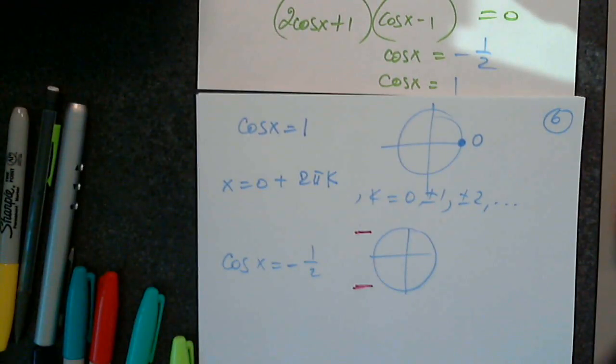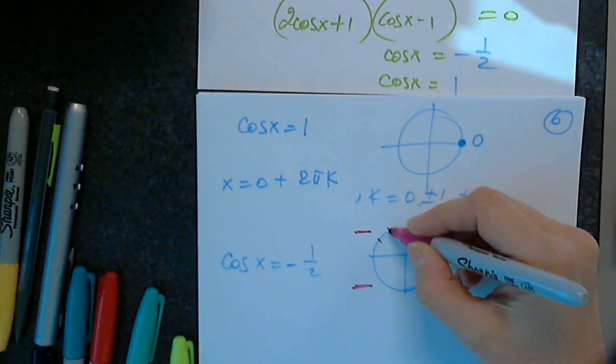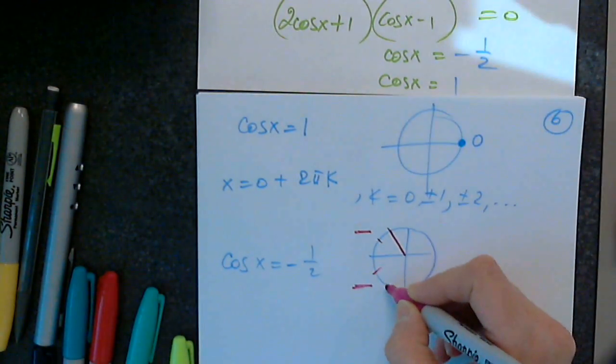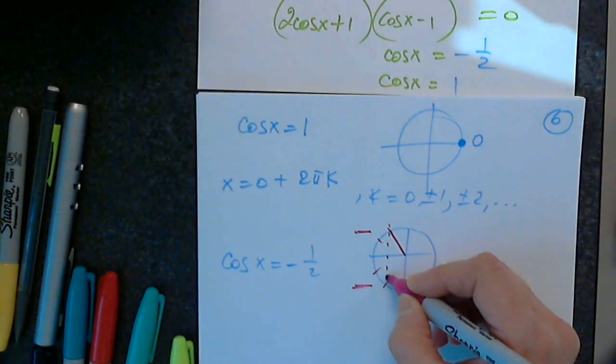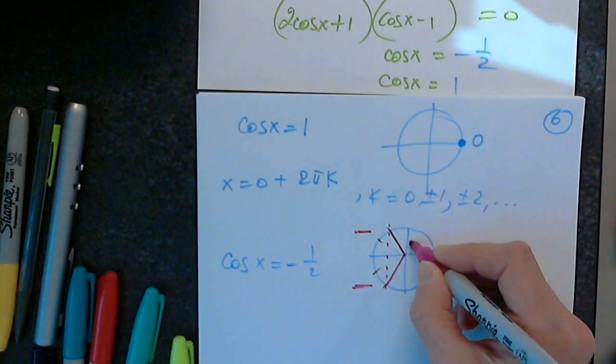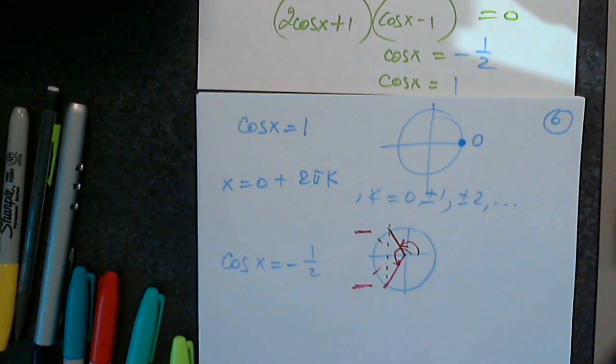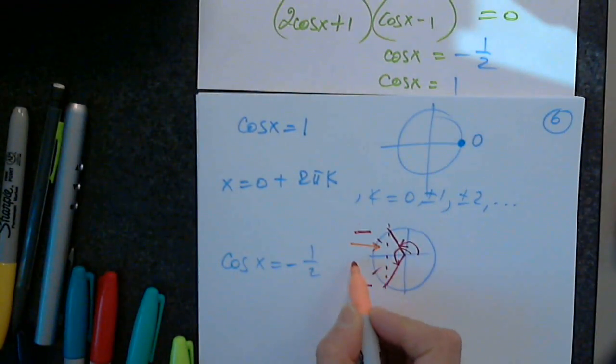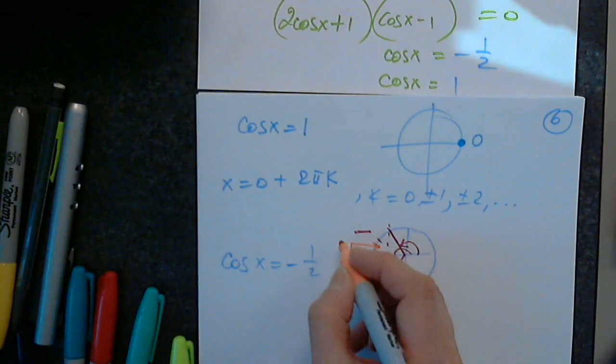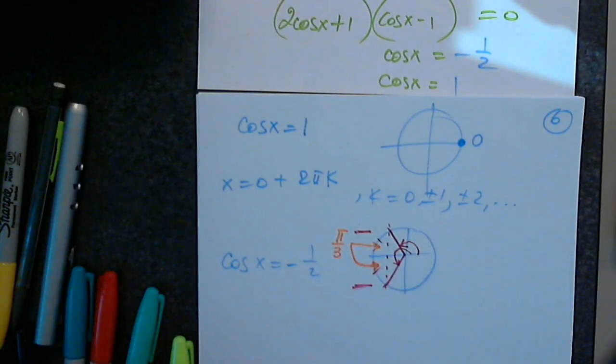That is the top angle, and that is pi over 3. So 1, 2, right here. This angle and this angle. So what is the reference angle in both cases? You already told me. Pi over 3.